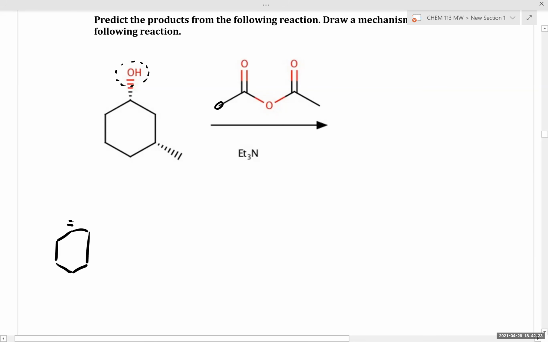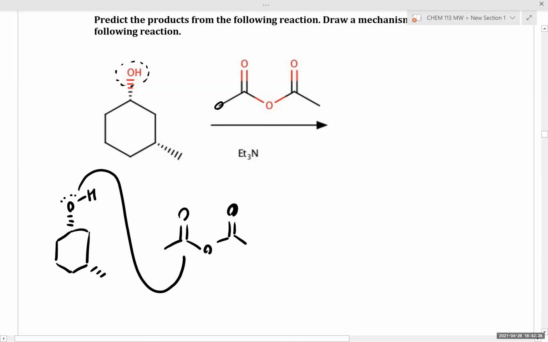So, as always, we have a nucleophilic alcohol and we have an electrophilic anhydride. Our nucleophilic alcohol is going to attack the electrophilic carbonyl carbon. And from here, we'll get a tetrahedral intermediate.